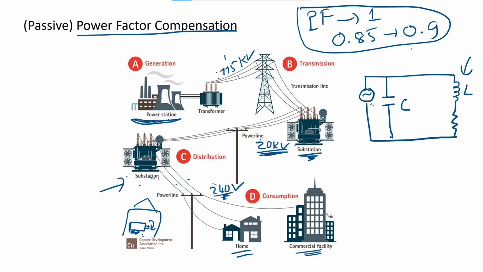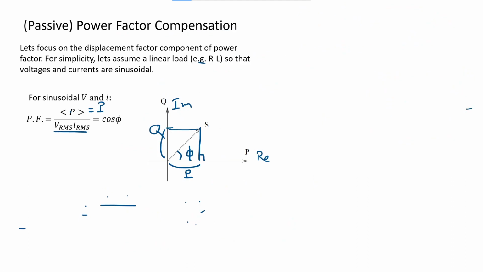They use very big motors, and so here the distributor needs to compensate. They use capacitors here, and they call it a capacitor bank to compensate this inductor.